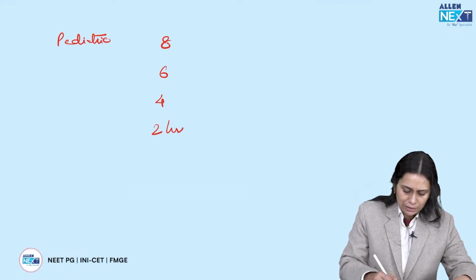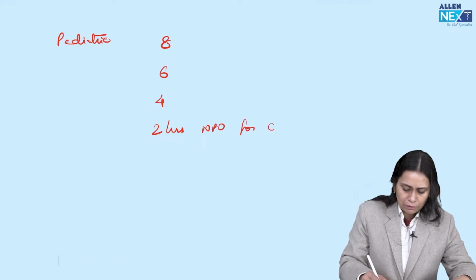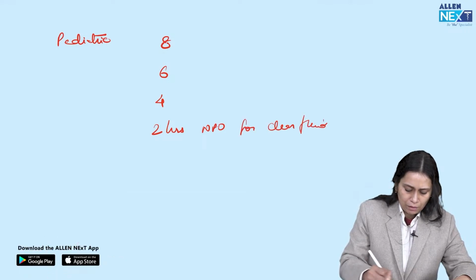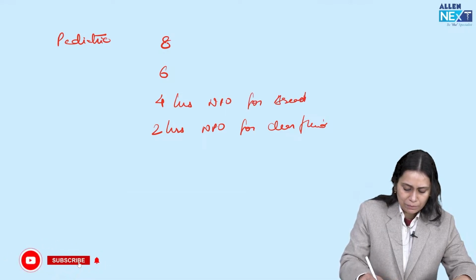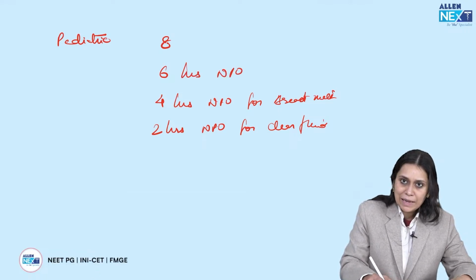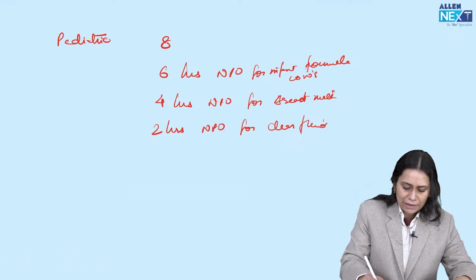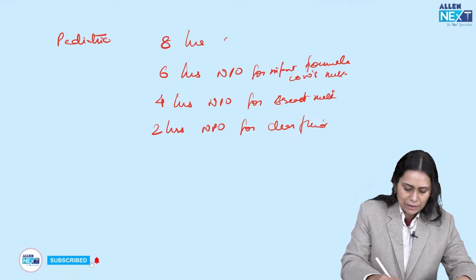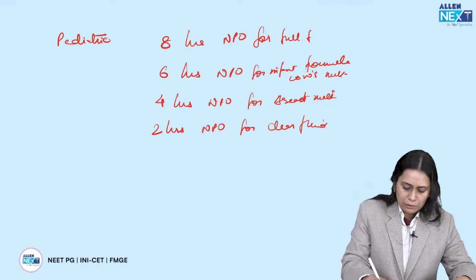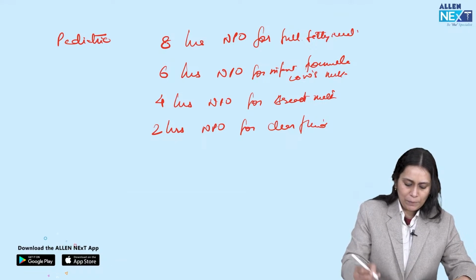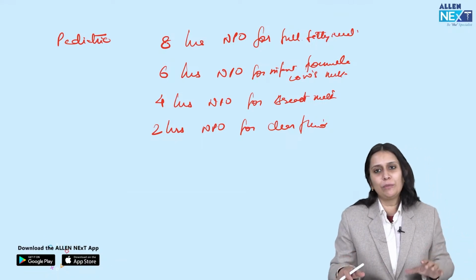Same: 2 hours NPO for clear fluid, 4 hours NPO for breast milk, and 6 hours NPO for infant formula or cow's milk, anything except breast milk, and 8 hours NPO for full fatty meal. Got my point? So this is the NPO you have to remember in pediatrics.